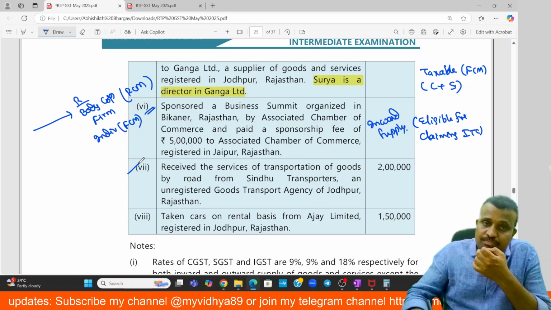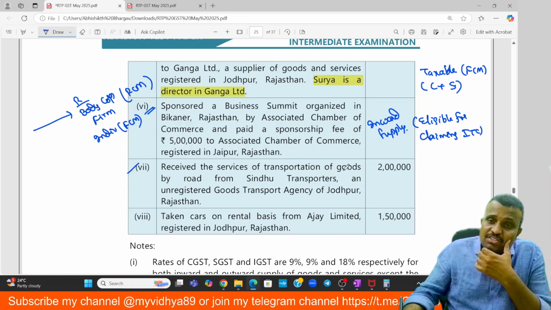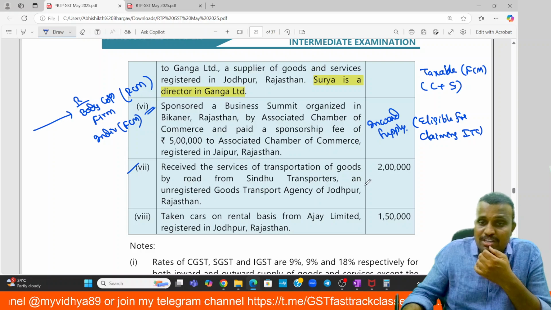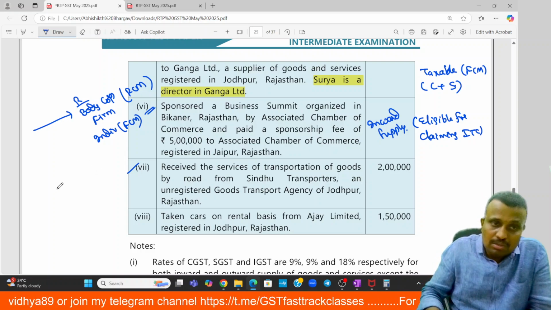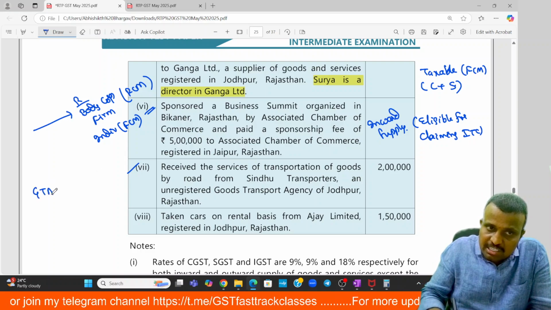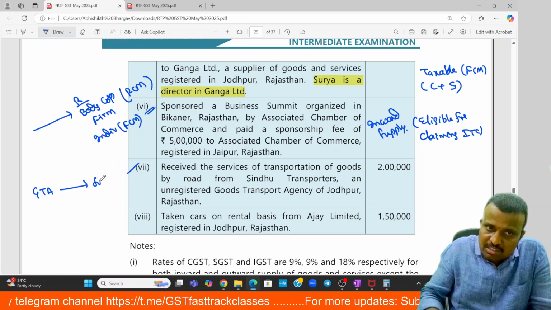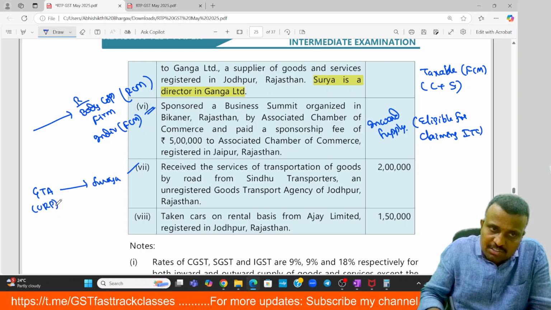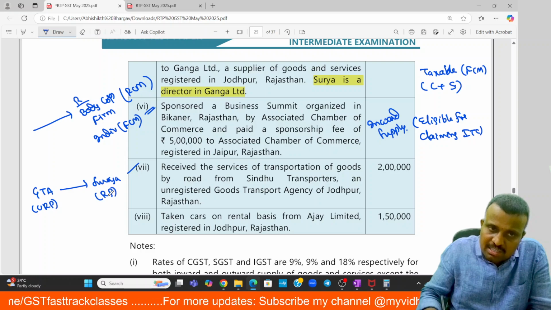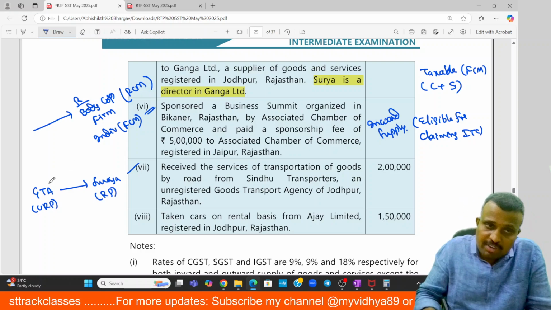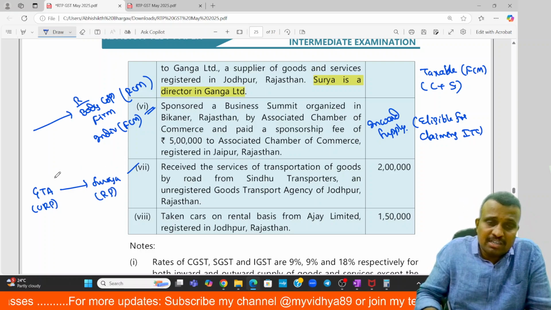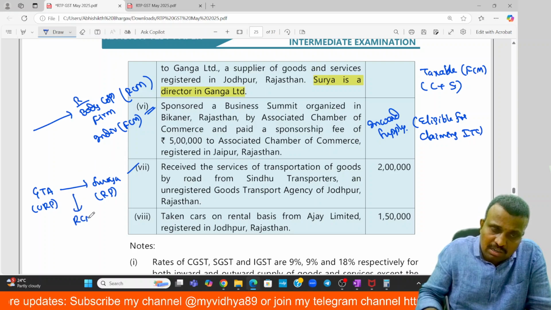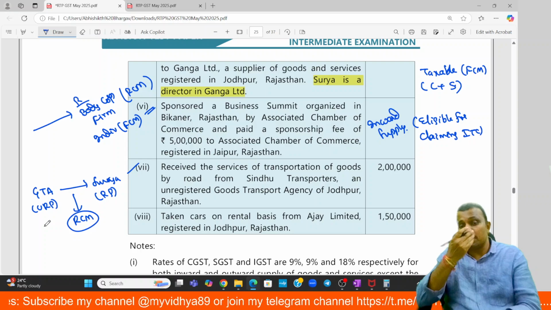And next, received the services of transportation of goods by road from Sindhu transporter, an unregistered person. So remember, here GTA is providing the services to Surya. GTA is an unregistered person. Surya is a registered person. If any services are provided by an unregistered GTA to a registered person, this is covered under RCM, reverse charge mechanism.